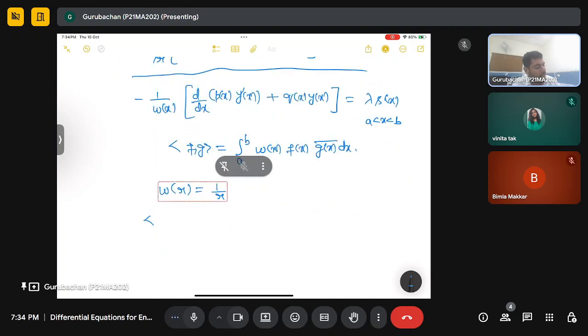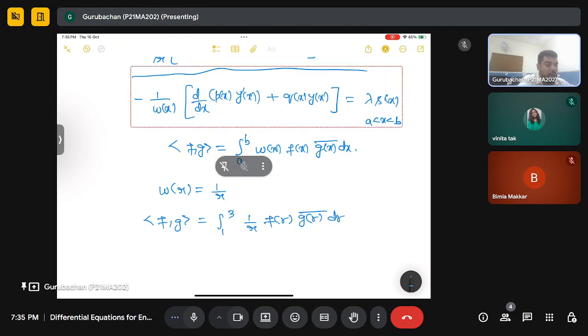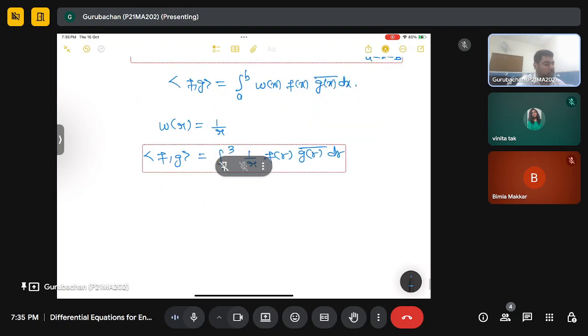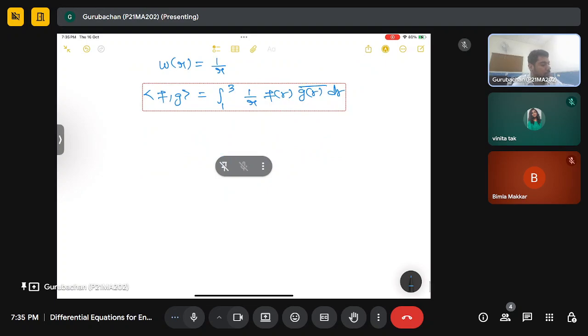So in this case, any function f(r), any inner product of f comma g will be defined as integral from 1 to 3 of 1 by r f(r) g(r) conjugate dr. This is your inner product. So orthogonal property or orthogonal vector will be defined with respect to this one.